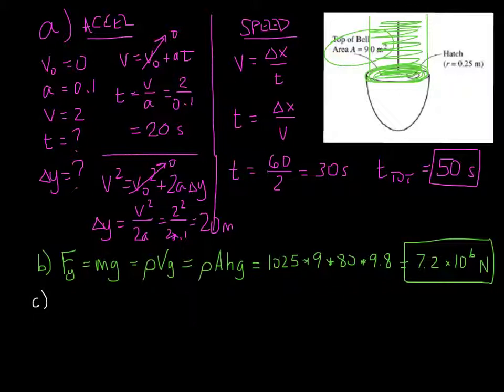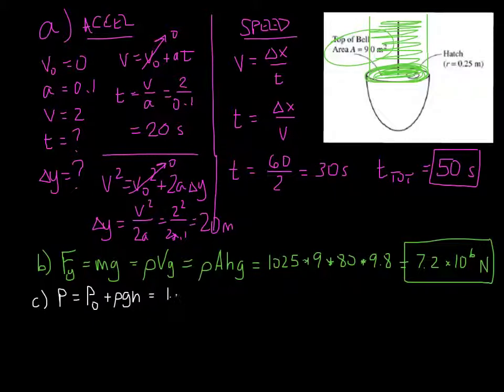For part C, calculate the absolute pressure on top of the bell at the maximum depth. The equation for the absolute pressure is the surface pressure, which in this case is at the surface of the sea, which is atmospheric pressure, plus rho gh.